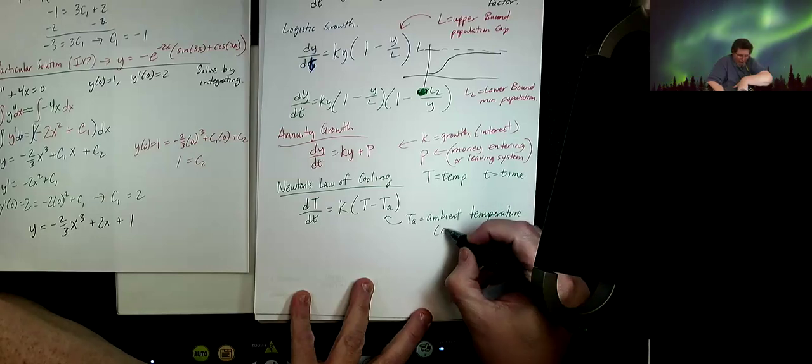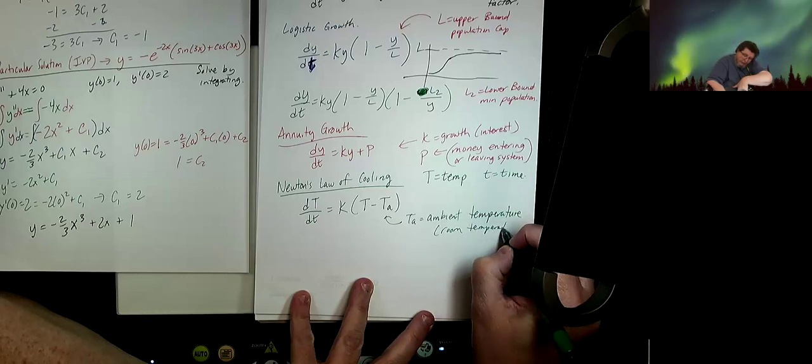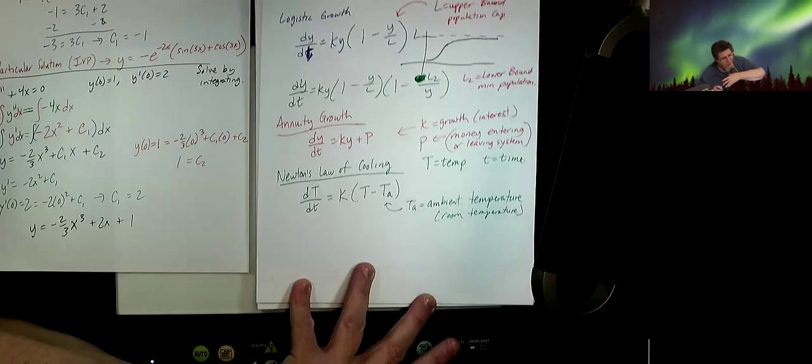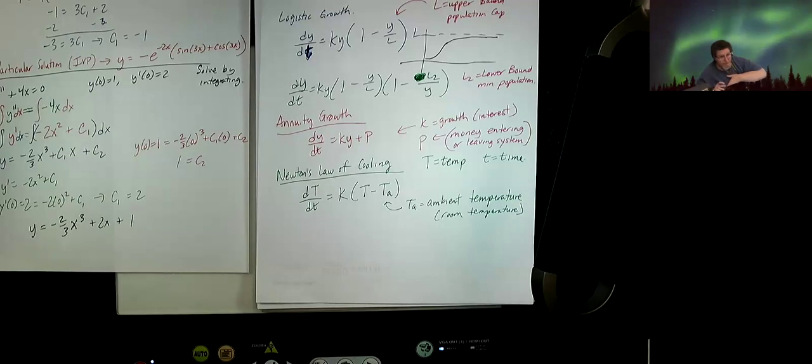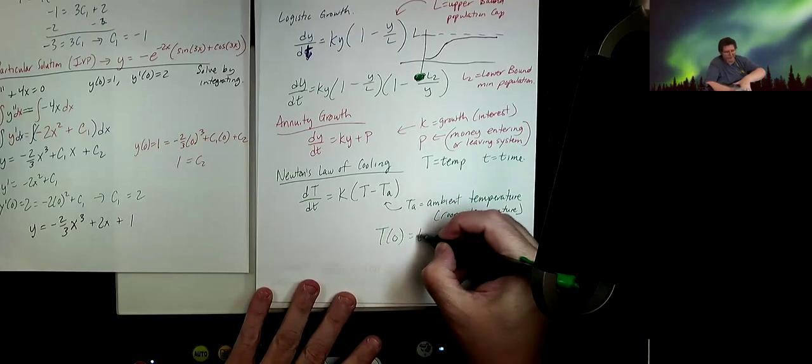In modern life, we call that the room temperature. But if it's in a freezer, it's not room temperature. And this one has an initial condition of T0, they tend to call it.